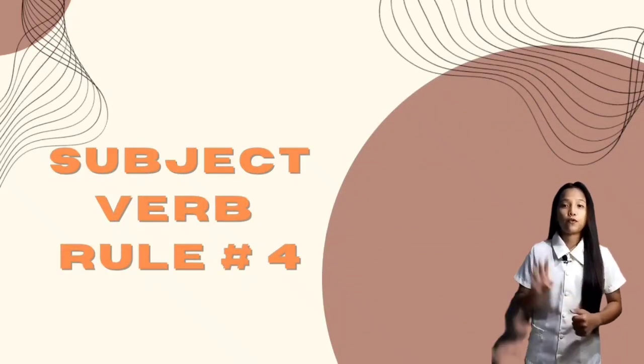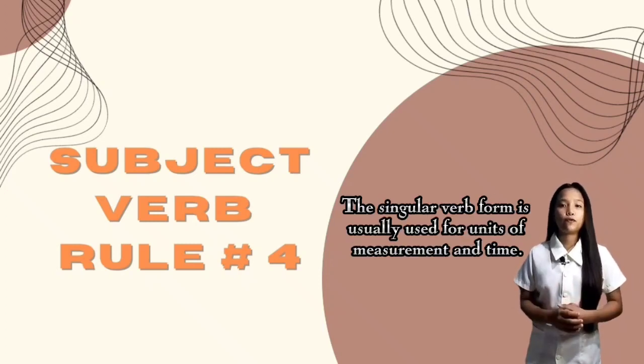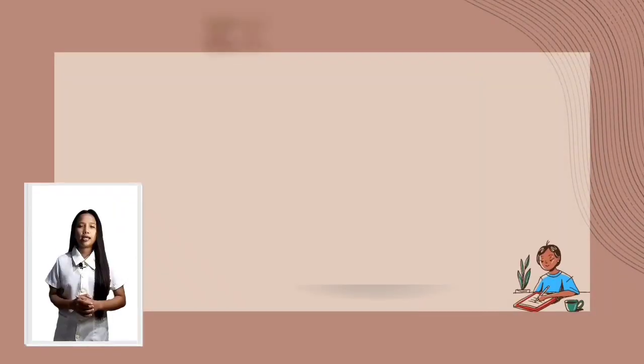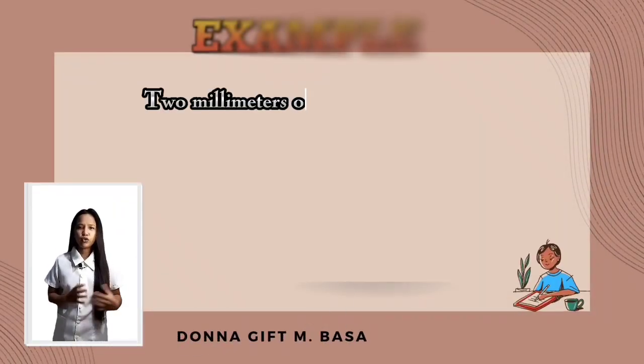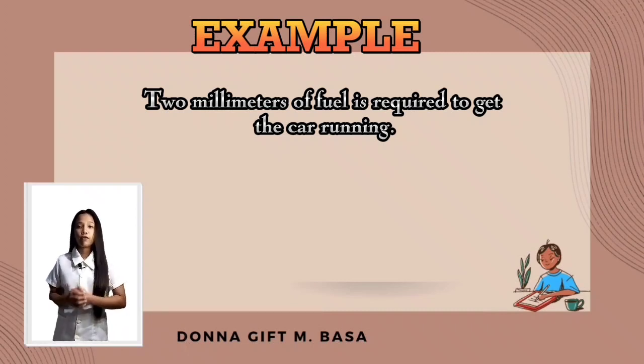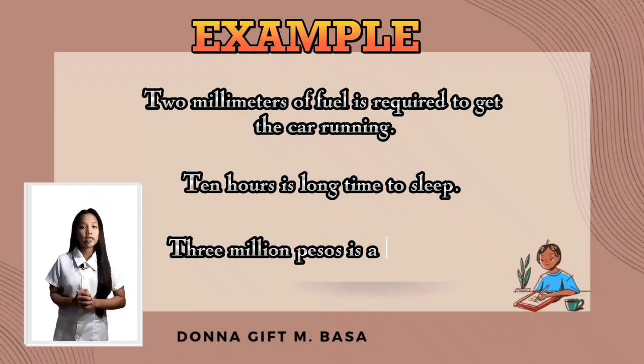Subject-verb rule number 4. The singular verb form is usually used for units of measurement and time. Example number 1: 2 milliliters of fuel is required to get the car running. So milliliters is a singular form and the verb is also singular. 10 hours is a long time to sleep. 3 million pesos is a lot of money.